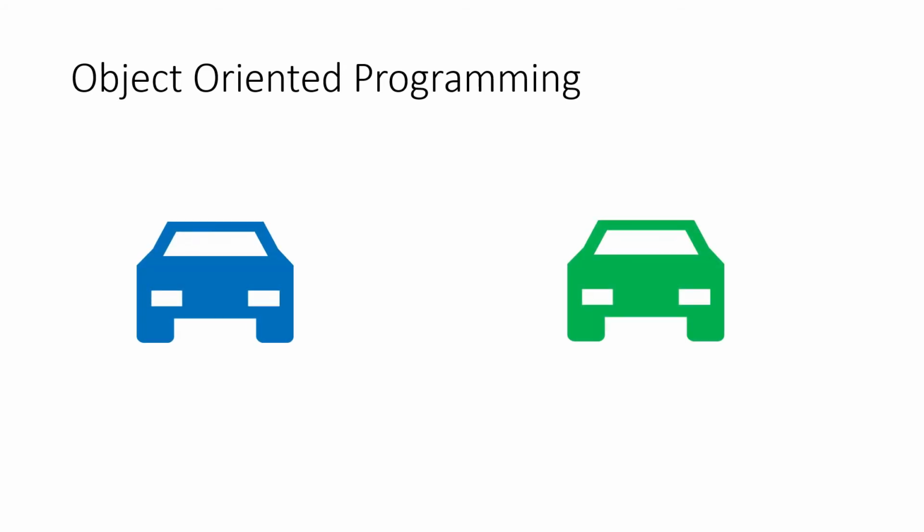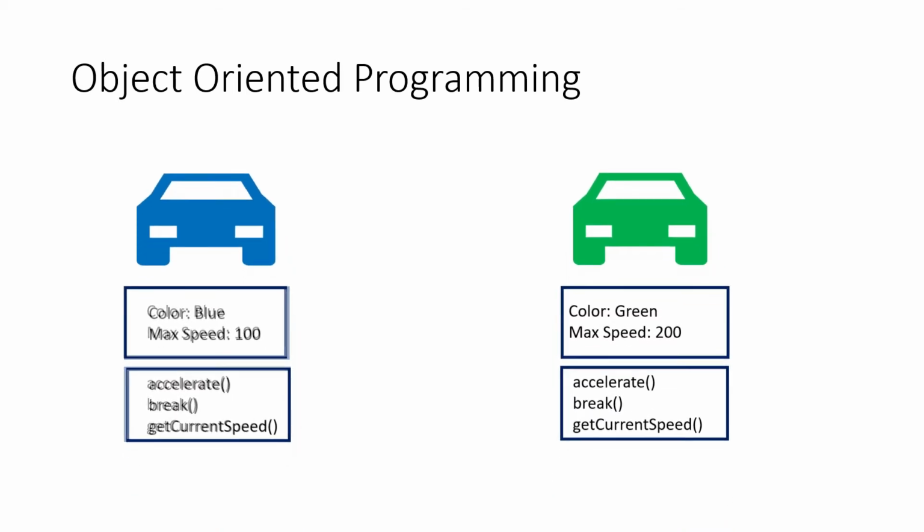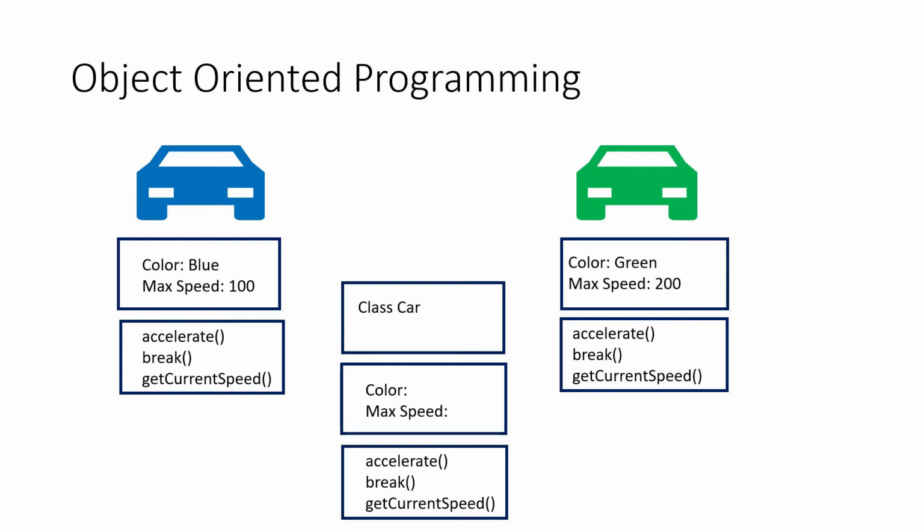Let's look at our objects of cars once again. Both these cars have the same attributes, which are color and max speed. They also have the same methods like accelerate, brake, and get current speed. So we can create a single class for both these objects. Let's name our class car.